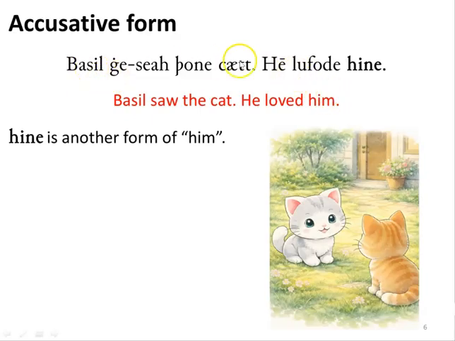Basil is doing the action. Hine, the accusative, is receiving the action. So the ginger cat is receiving the love from Basil. Basil is the nominative, the subject. The ginger cat is hine, the recipient of the action of the verb loved.